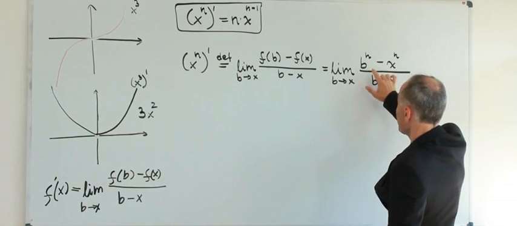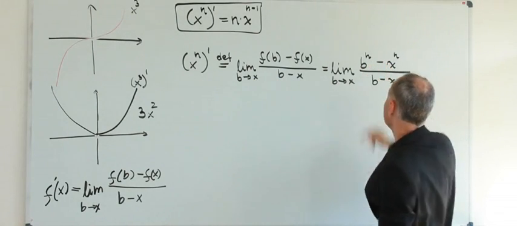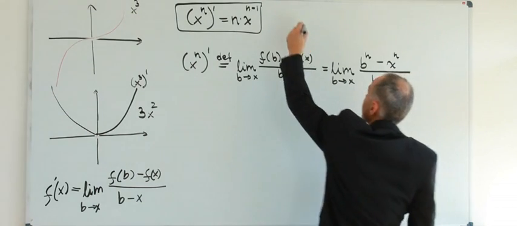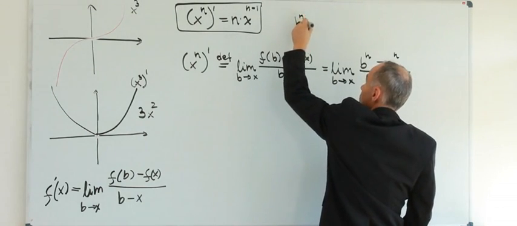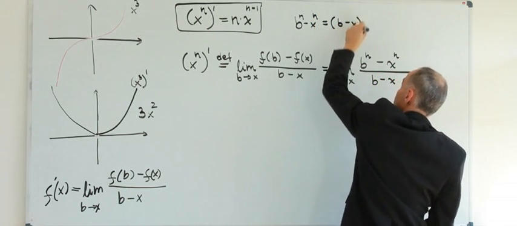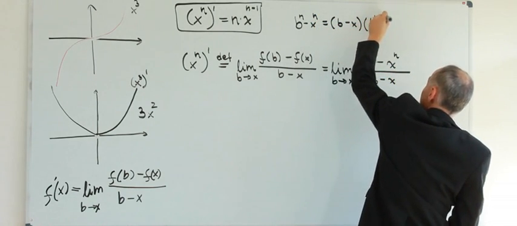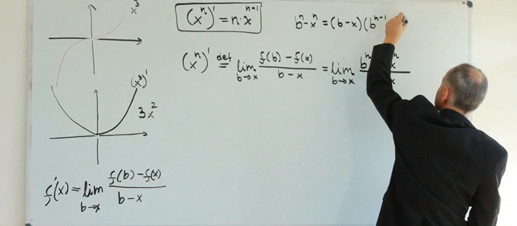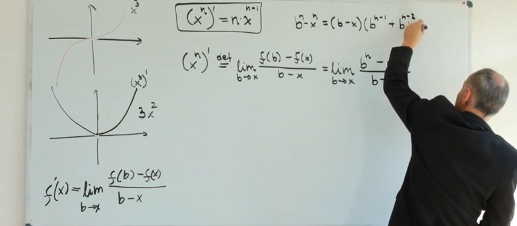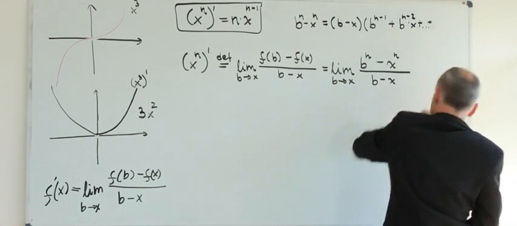Let me remind you of a formula which allows us to factor the numerator. b to the n minus x to the n is equal to b minus x times b to the n minus 1 plus b to the n minus 2 times x plus the other terms.